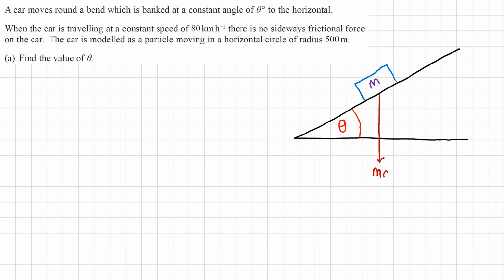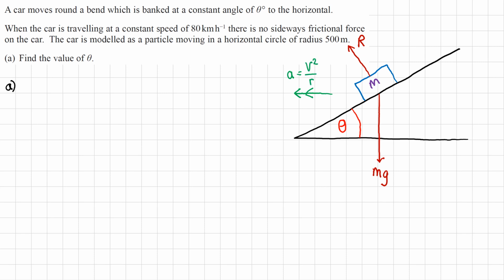That's going to be mg. There's going to be a normal reaction, which is normal to the slope, R. And in circular motion, our acceleration A acts horizontally towards the center of the circle, which will be equal to v squared over r.